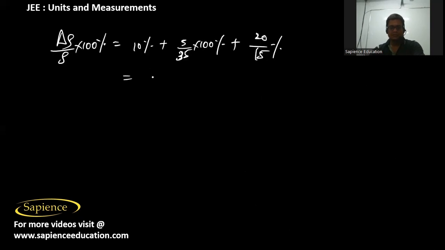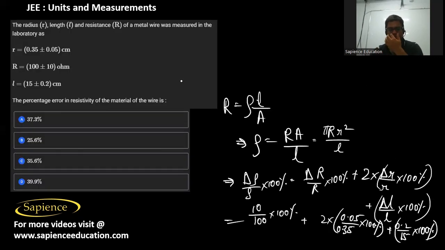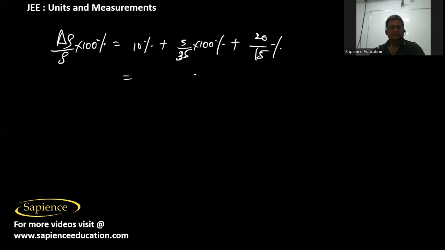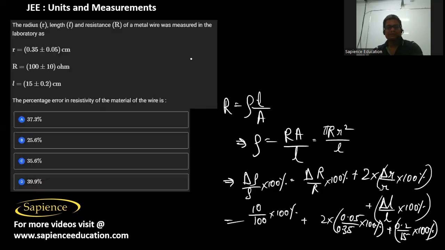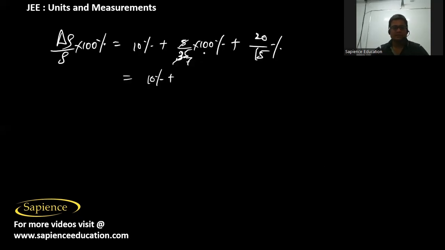So this will be equal to 10% plus, 7 ones are 7, 30, 7 fours are 28, 14.3% approximately.